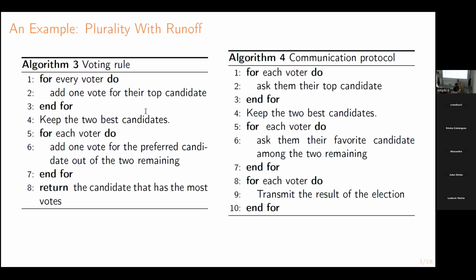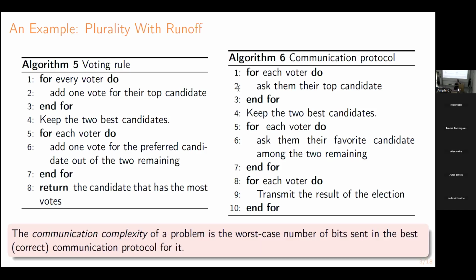And here is some communication protocol you could use. Just to see the differences, here, for example, I emphasized on add one vote for the top candidate of a voter. And here I use the word ask, so ask them their top candidate. And this just is to focus on the communication, to show that they are going to communicate their top candidate and that they are going to use a number of bits to communicate their top candidates.